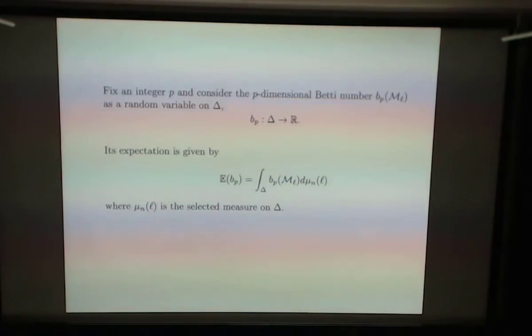I look at the 5-dimensional Betti number of this random manifold, and it will be a random function on this simplex, and the expectation is given by this formula, where this is a measure which we have to choose before we can do anything. So it is a selected measure on the simplex.